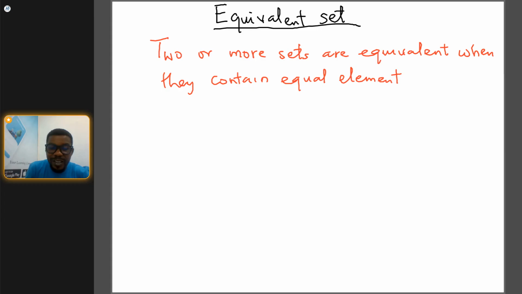This equal elements here is talking about the numbers of elements in it. When they contain equal elements, it's said to be an equivalent set.